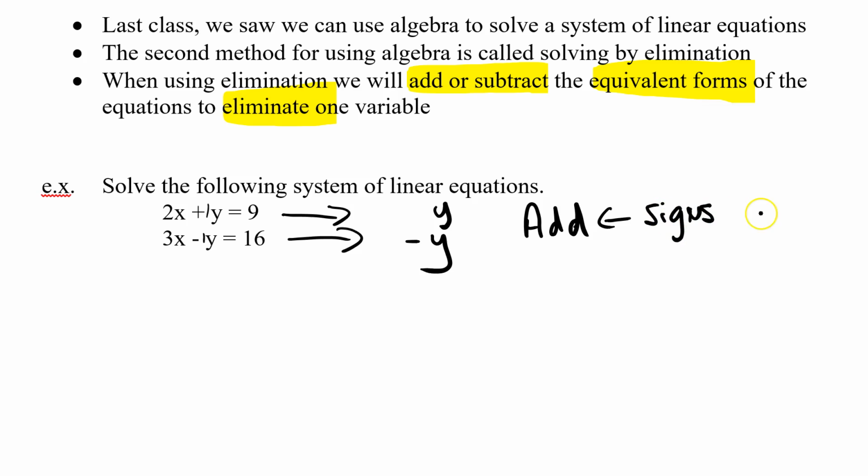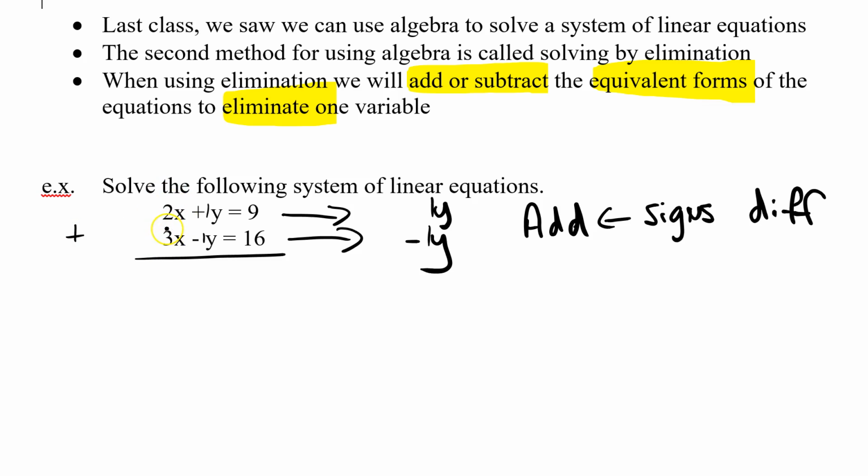If I look at this and the signs are the same, I wouldn't be adding, I'd be subtracting. But these are definitely different signs, positive 1 and negative 1. So I'm going to add these two equations together.